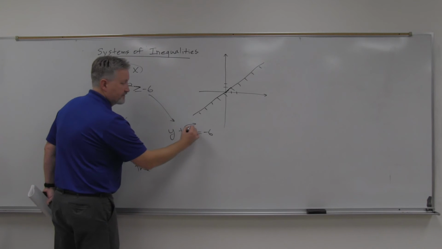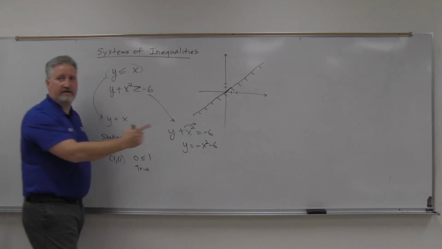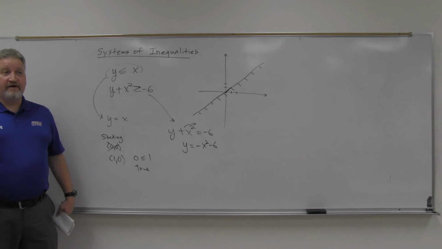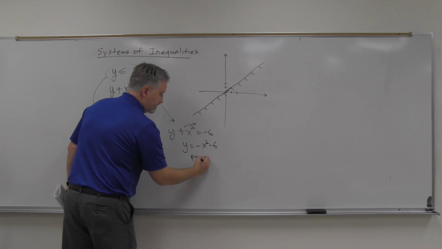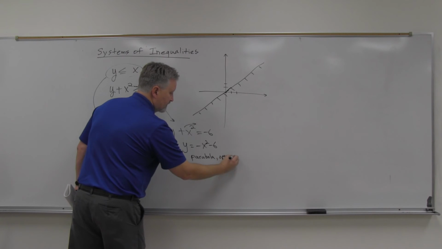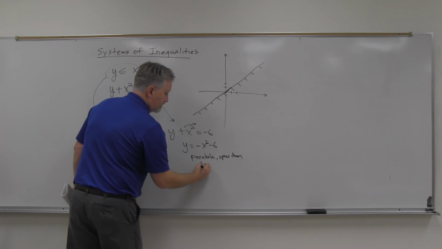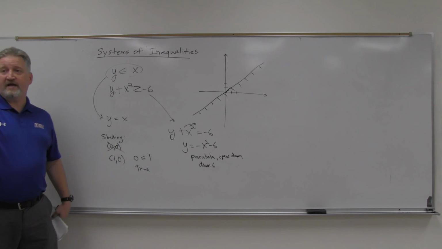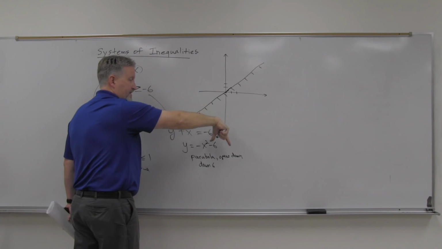Move that over, make it y equals -x squared minus 6, subtract the x squared, and then I can see, yeah, that's a parabola that opens down and down 6. Because of the -6 there. So I kind of have a visual: parabola opens down and down 6.